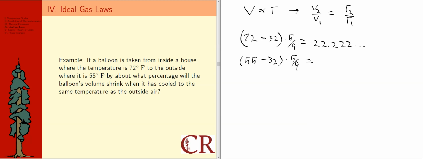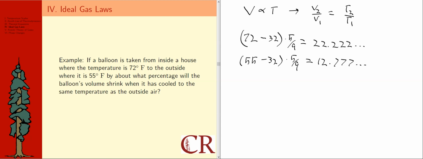And my calculator finds for that it is 12.7 repeating in degrees Celsius. Now, if I want to find the ratio in Kelvin, I'm going to have to add 273.15 to both of these.